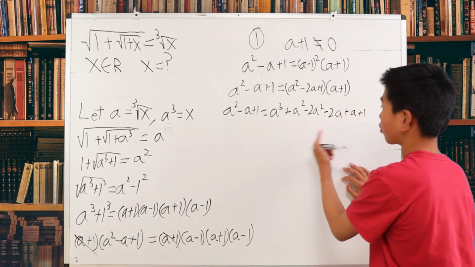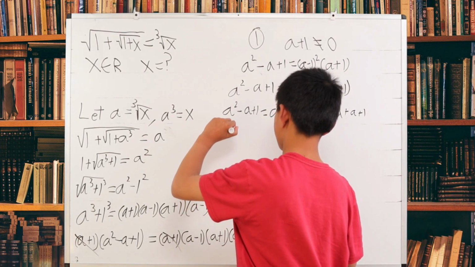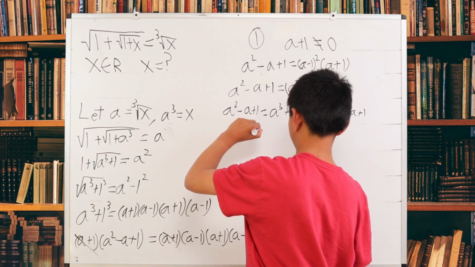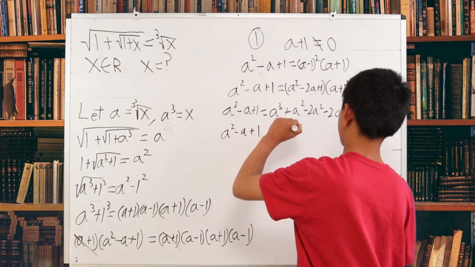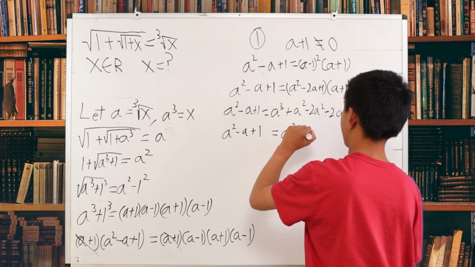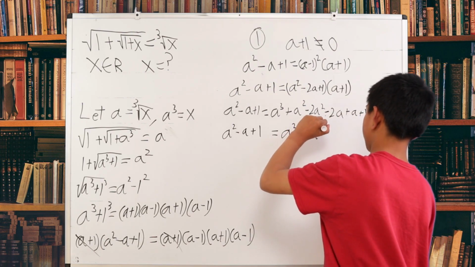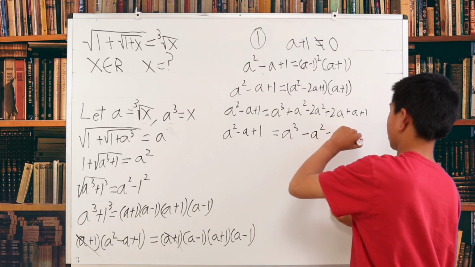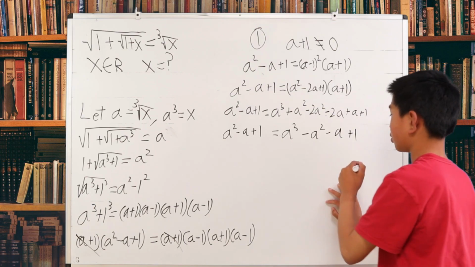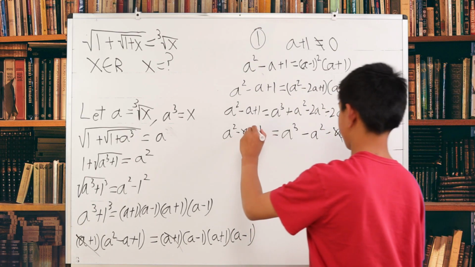We can further cross things out, so it's going to be a squared minus a plus 1 equal to a to the third power minus a squared minus a plus 1.